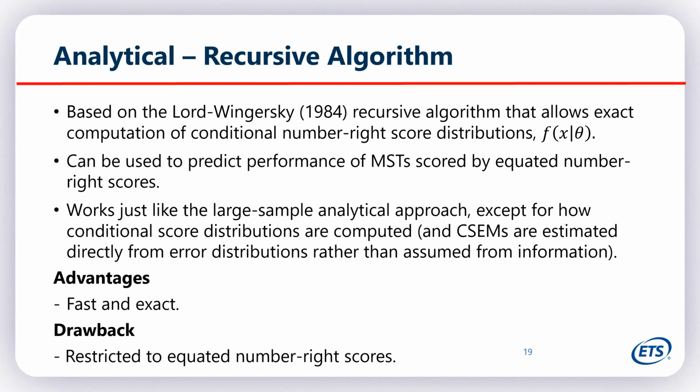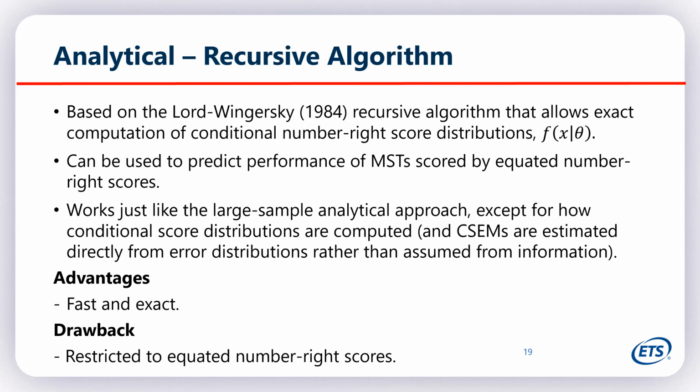There are a lot of MSTs, the GRE chief among them, that are essentially scored by equated number right scores. The GRE is not scored by an MLE, in that their studies of the robustness that we talked about earlier showed that number right scores are a bit more robust to unusual responding than MLEs are.